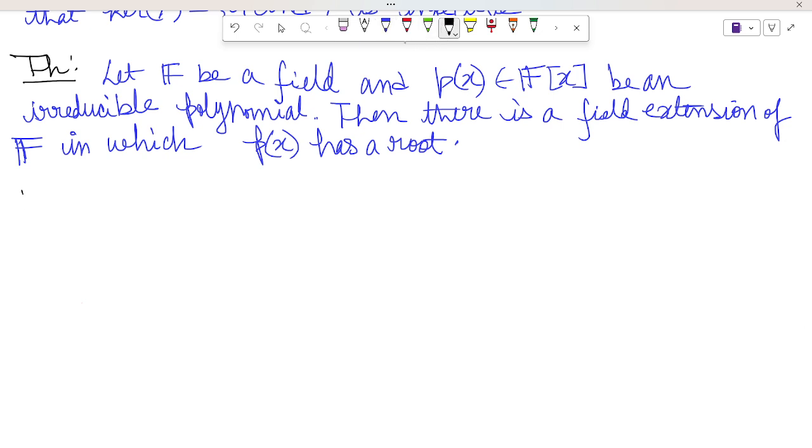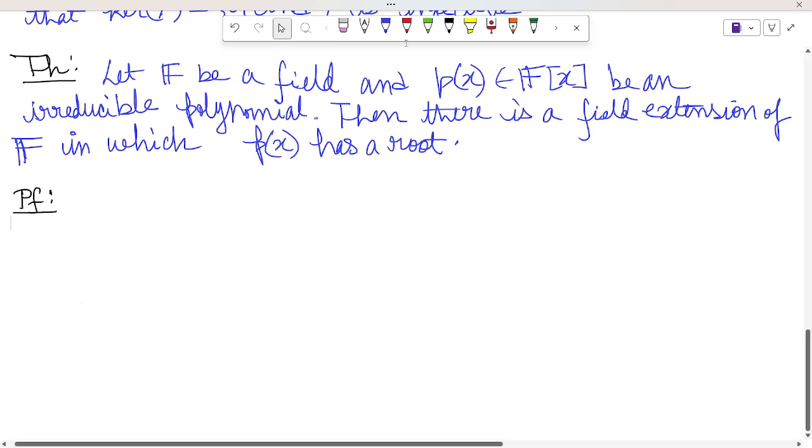So what is the field? I am again saying the field might look a bit confusing to you at first sight, but sometime later I will show that it is a field you already know. You are already familiar with quotient rings and quotient fields.